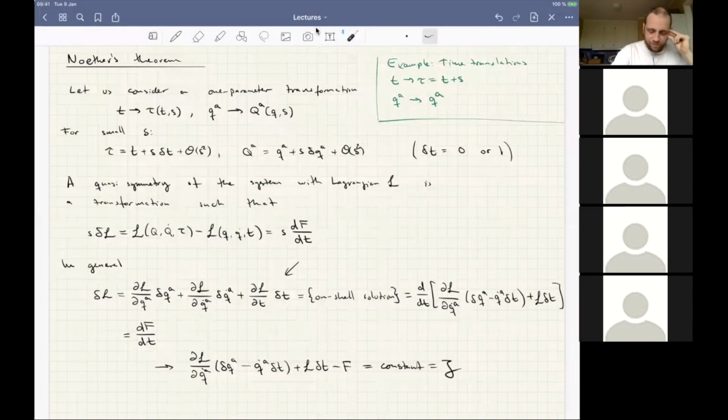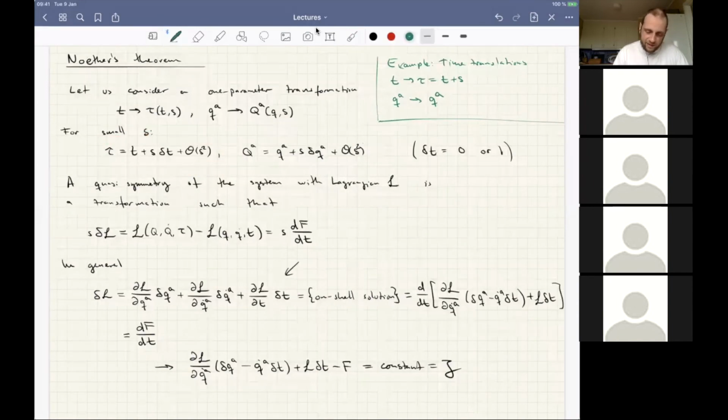It depends on how you define delta L. I wanted delta L to be a finite quantity for small transformations, because this is written for small transformations. And in that case, I would have to include S all of the time in delta L, and I didn't want to do that. So that's why I have taken the S out. It's essentially the same thing as I'm saying here.